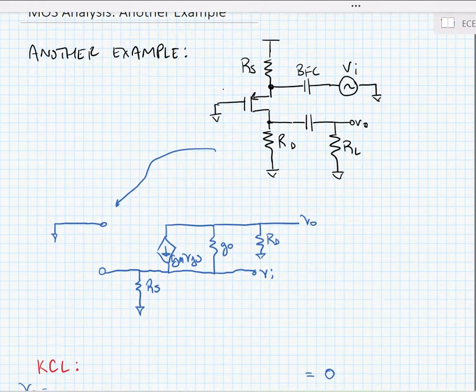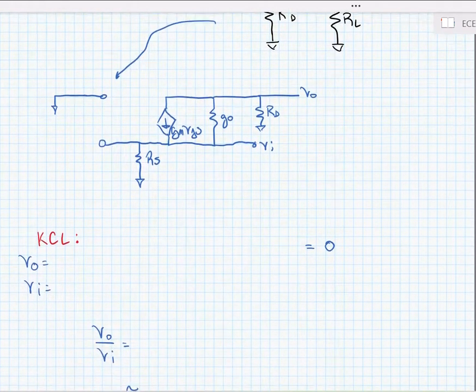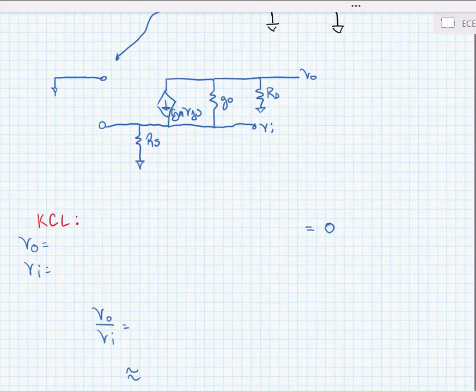Okay, as we did before, we're going to solve this by using KVL and KCL on our model. We have a few things that we know right away. The output is actually equal to the drain voltage, and the input is equal to the source voltage. So we can write our first KCL expression starting at the output node.